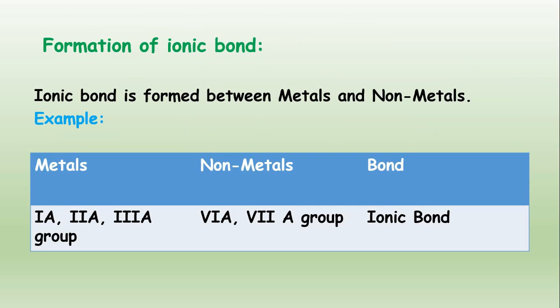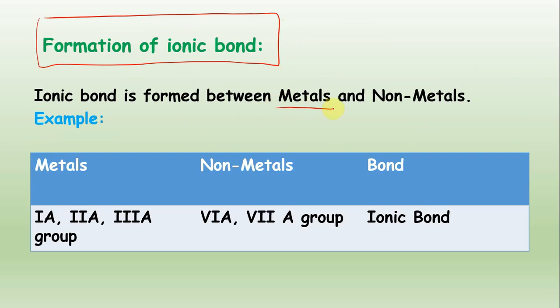Now the formation of the ionic bond is also one of the very important topics. Which elements form the ionic bond? Ionic bond is formed between metals and non-metals, and this is very important from the MCQs point of view. Like metals of first A group, second A group, third A group of the periodic table, and non-metals of 6A and 7A group, they will form the ionic bond.